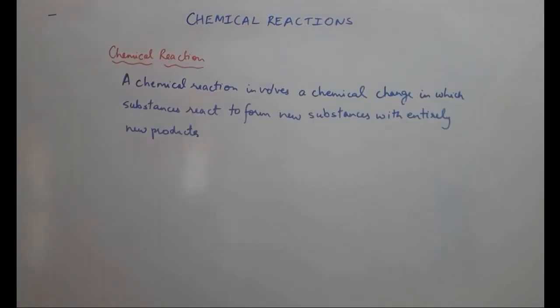So what is a chemical reaction? A chemical reaction involves a chemical change in which substances react to form new substances with entirely new products. That means certain things mix with each other or react with each other to give us something new. So let us see in terms of equations, what does it mean?